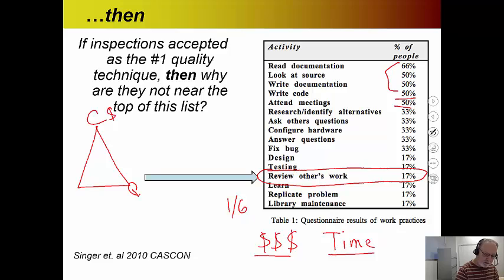So this is your dollar sign, this is your quality, this is your time measure, and there's a maximum that says you can only optimize 2 of these dimensions at a time, not all 3. Let's say you want to improve quality in this direction, well, then your cost is going to go up, and so will your time as well. This whole triangle gets bigger. If you want to reduce your cost, then you have to spend less time, but then you're going to be sacrificing quality.